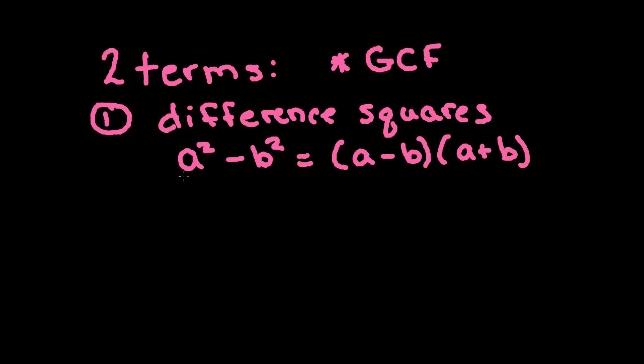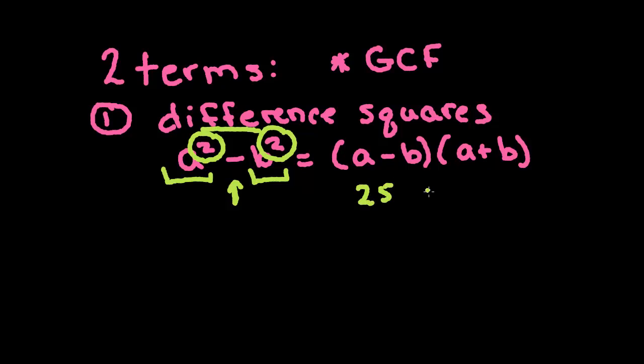So what you're looking for here is that there's 2 terms. You can see here's a term and here's a term, that there's a minus between the 2, that's where the word difference comes into play, and that the 2 terms themselves are perfect squares, that you can take the square root of them and get back a perfect number, like 25 is a perfect square, or an even power of a variable like x to the 6th is a perfect square.